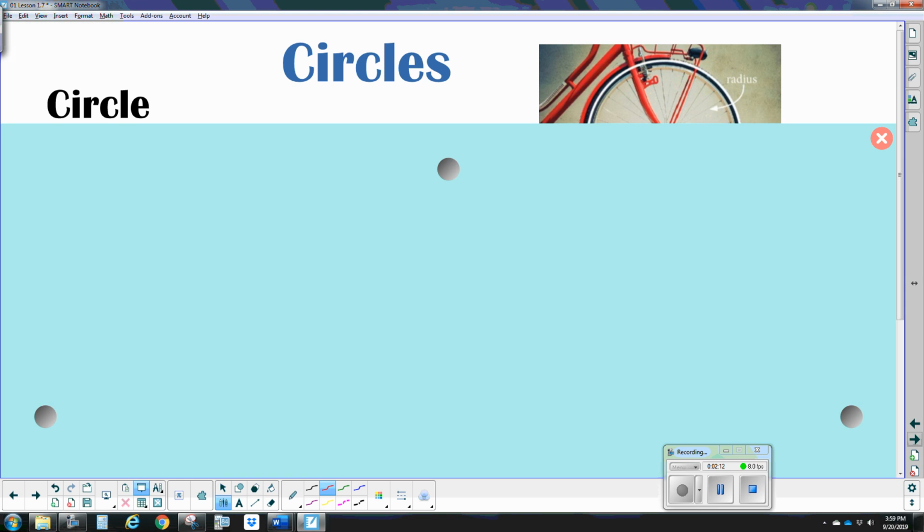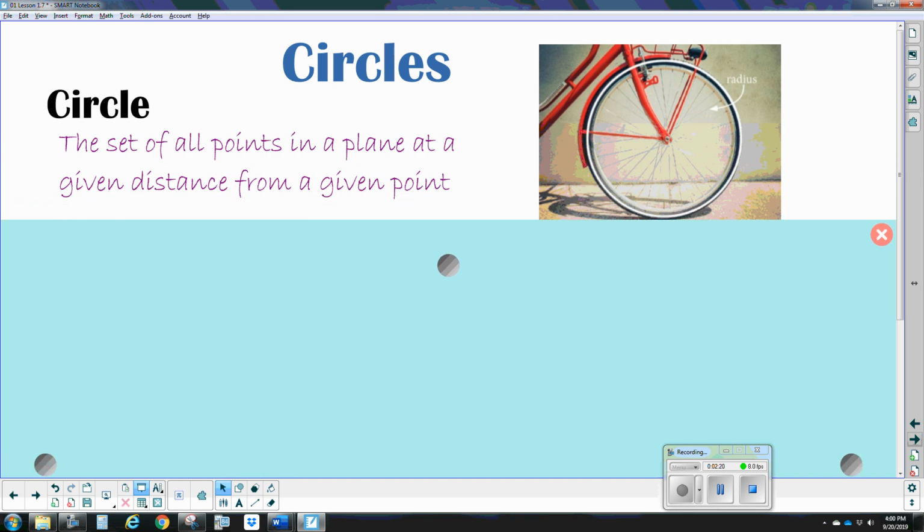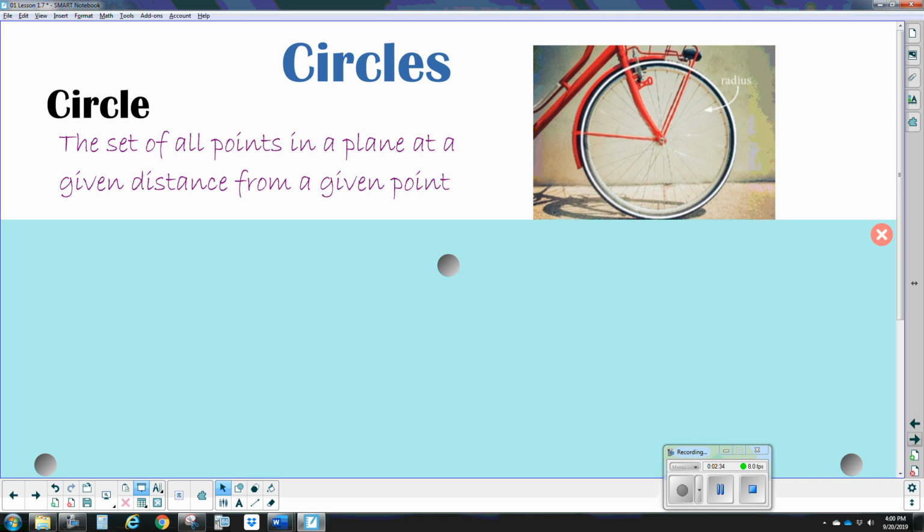Okay, so let's look at some definitions, and these are right from your textbook. You could get them from your textbook too, but on your note sheets, please just follow along. So a circle is the set of all points in a plane at a given distance from a given point. Okay, that's kind of wordy, so let's break it down. So here's a given point.